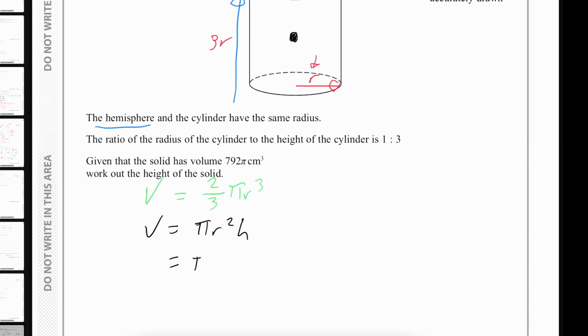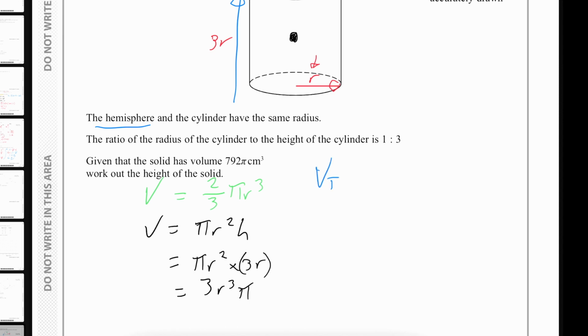Instead of using h, I'm just going to use pi r squared, and I'm going to times it by 3r instead. So I'm going to replace the h with 3r. So I get a formula that says 3r cubed times pi. Is that right? Yes, 3 pi. Okay, good.